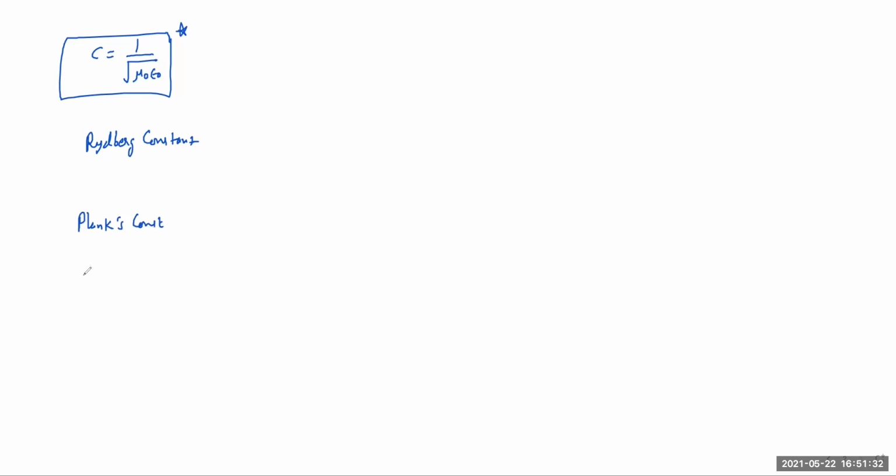So the Planck's constant we denote with a small h, and we write energy E equals h into nu. This nu is called frequency, and h is called Planck's constant in honor of Sir Max Planck. And this is called energy of photon.